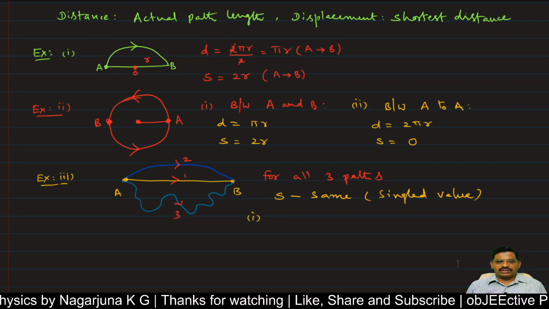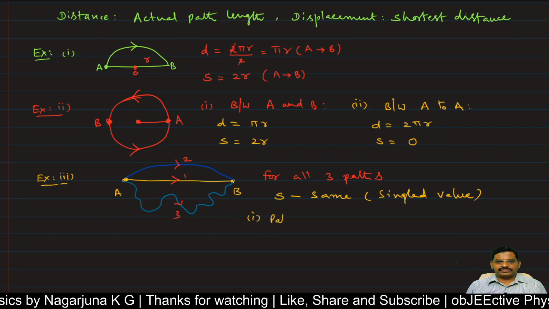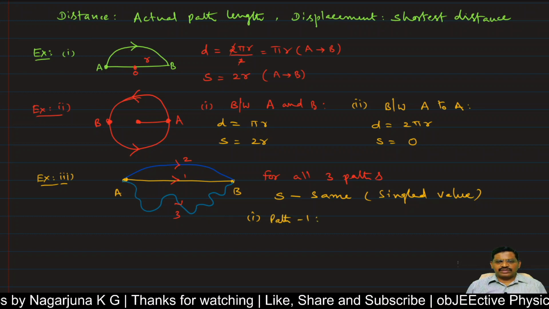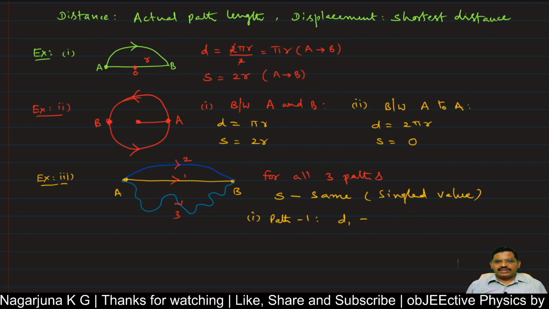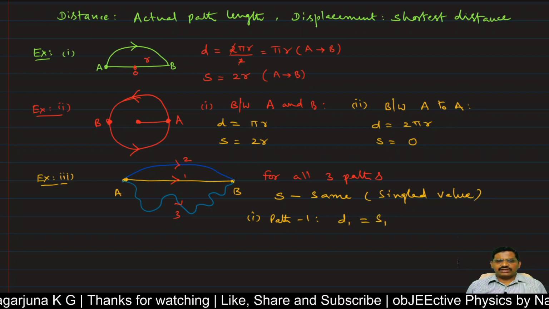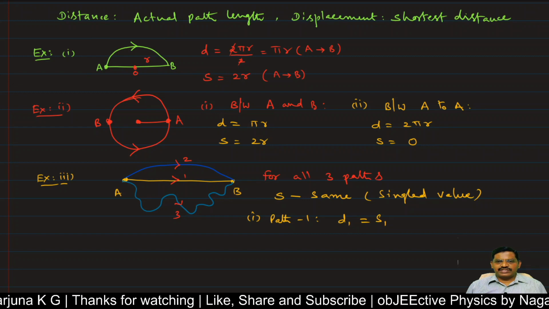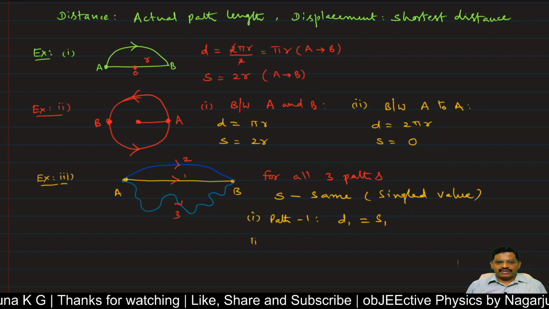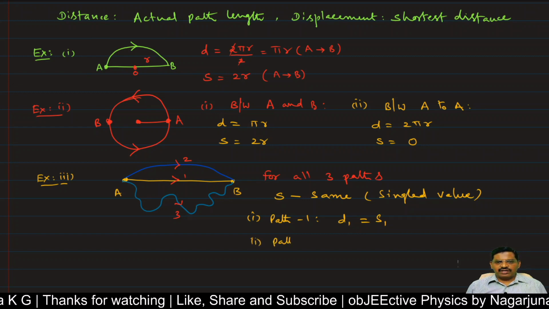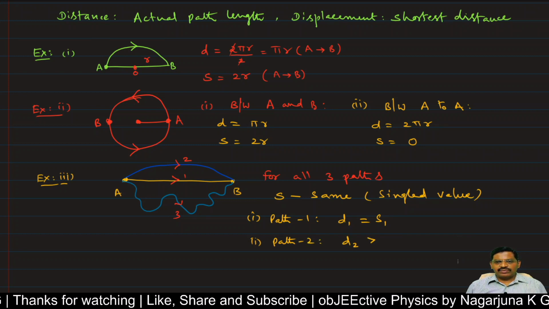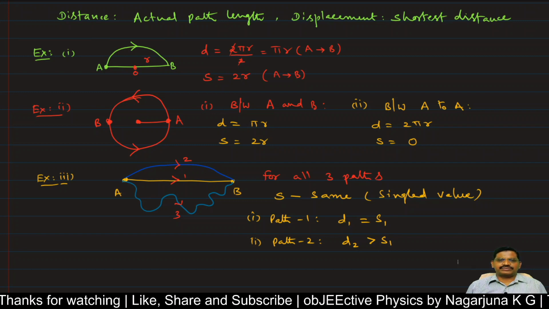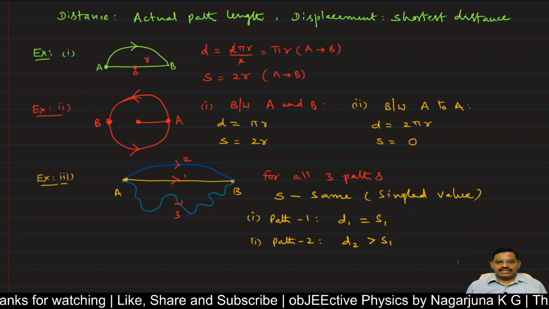Along path 1, distance is assumed as d1 and displacement is assumed as s1. So along path 1, the straight line path, distance is equal to displacement. But for path 2, distance is assumed as d2 but displacement is s1. So distance is greater than displacement.